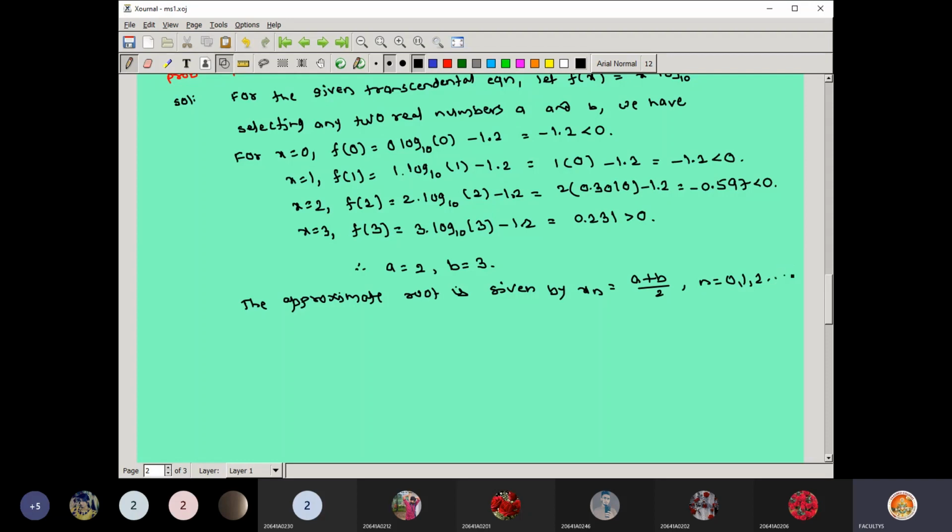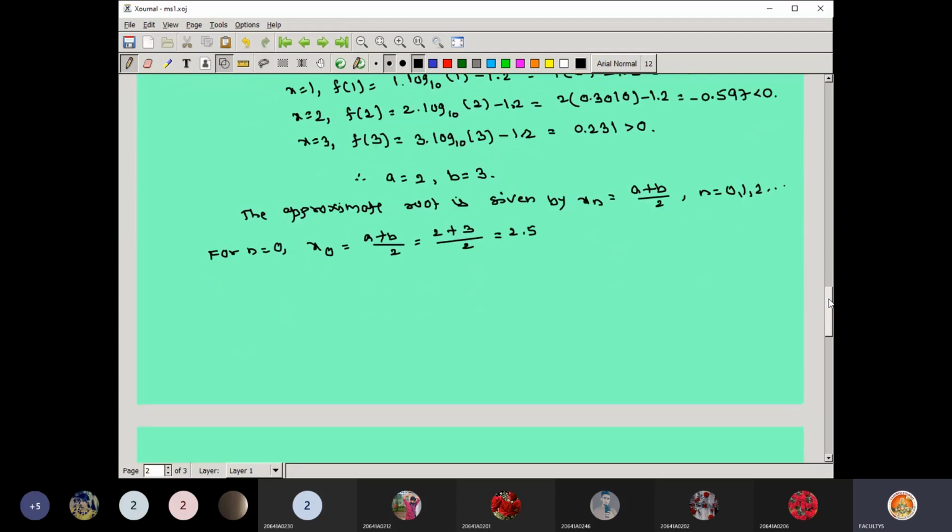So for n equal to 0, the starting approximate root x naught is a plus b divided by 2. So your a value is 2 plus b value is 3 divided by 2. Answer is 2.5.